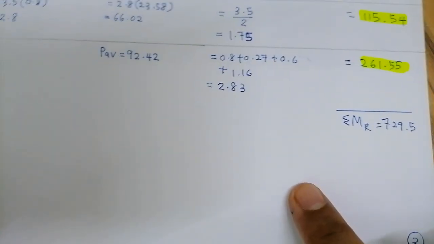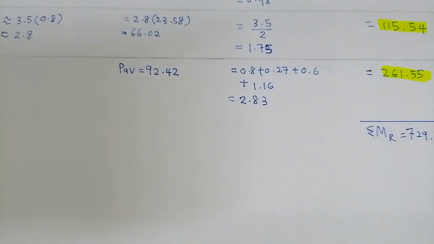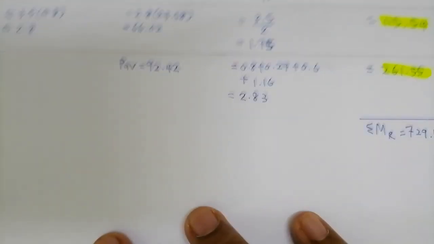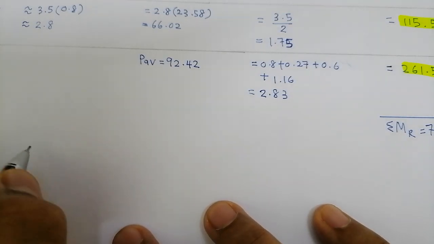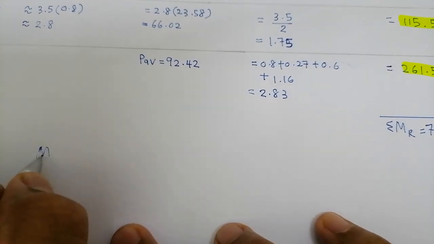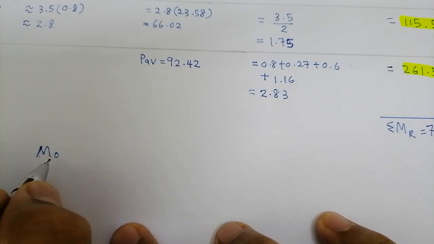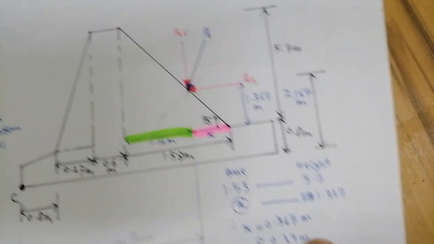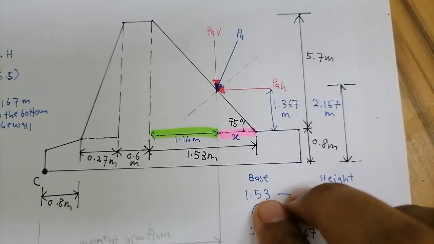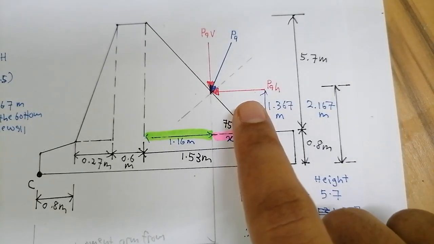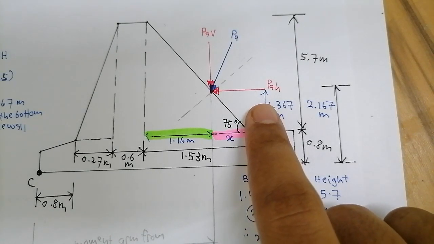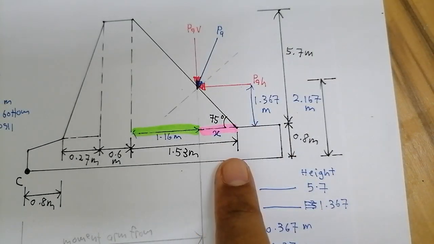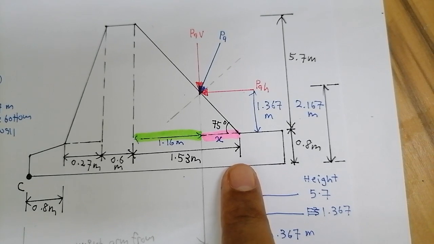The next one is we have to calculate the overturning moment, okay? O is for overturning. Overturning moment is the force that will cause the retaining wall to overturn.